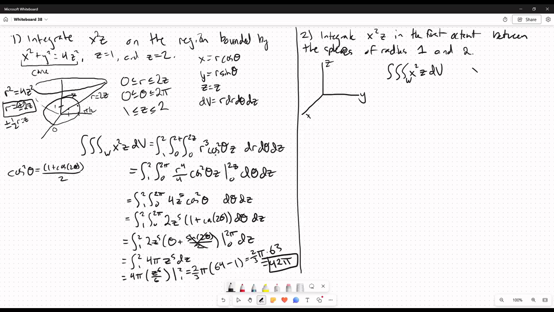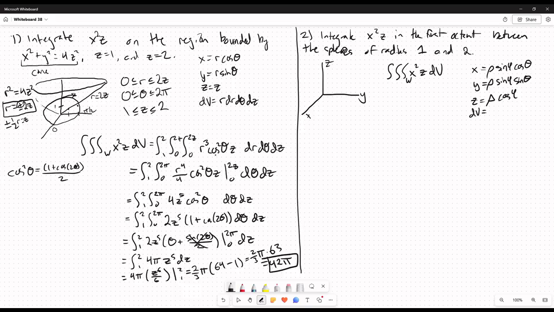What are spherical coordinates? Well, x equals rho sine of phi cosine of theta, y equals rho sine of phi sine of theta, and z equals rho cosine of phi.